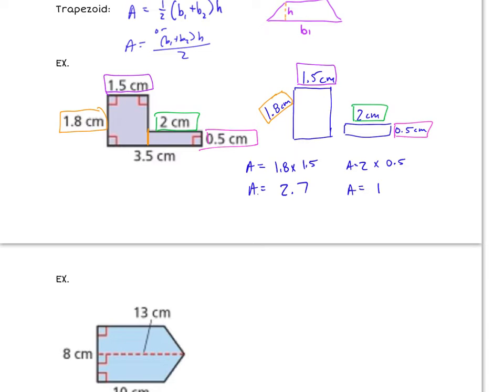Let's call this area 1 and area 2. So area 1 plus area 2 equals 2.7 plus 1. Together those equal 3.7, and it's centimeters squared. So again, you have to find the individual shapes, then put them back together, which is the addition part.